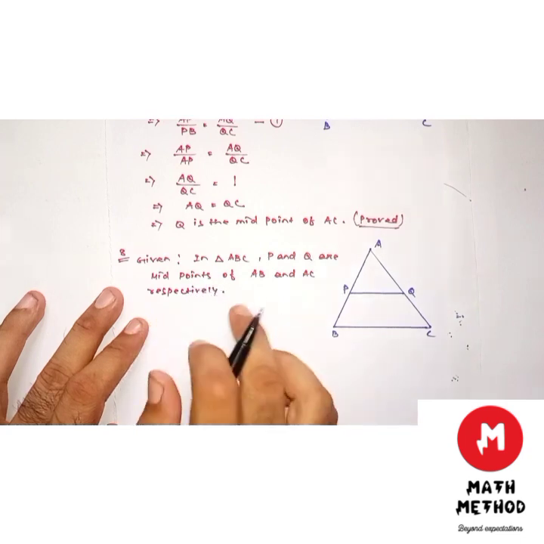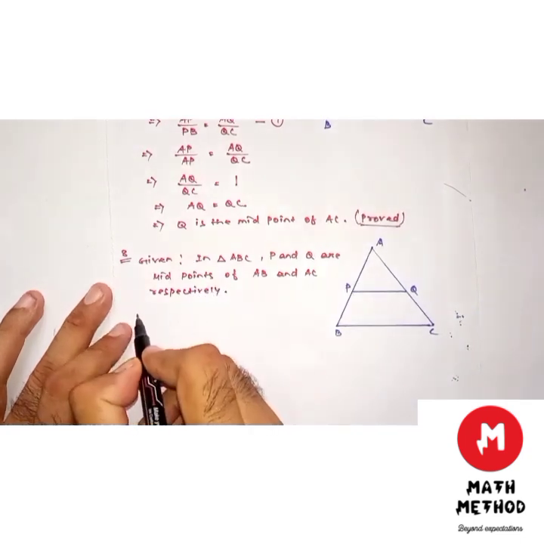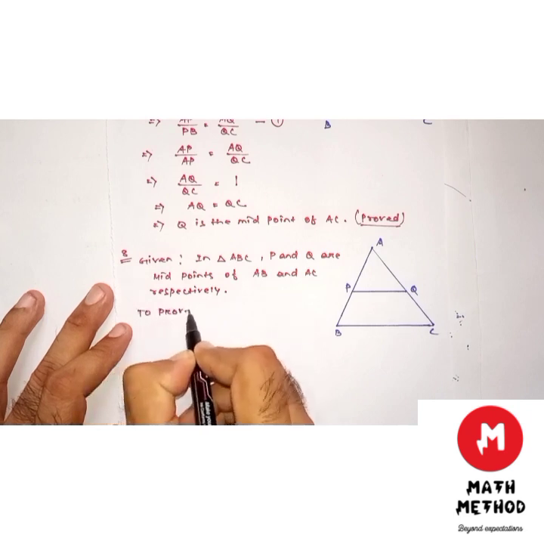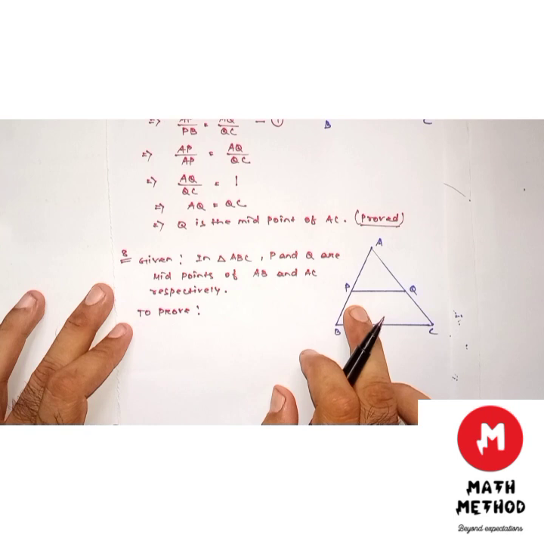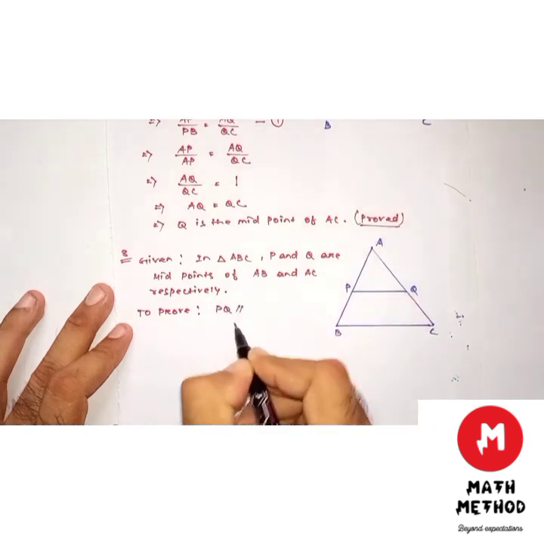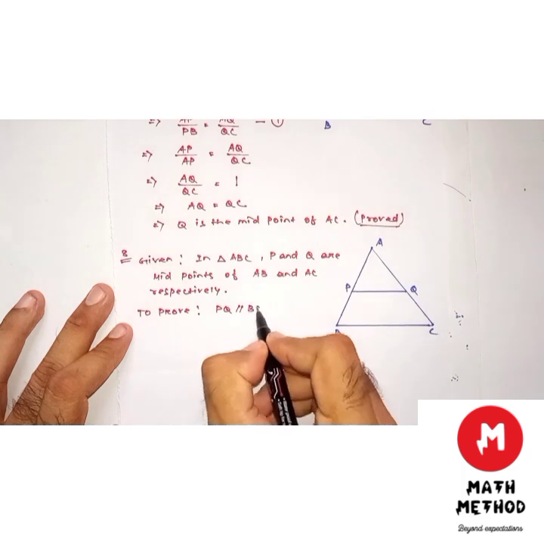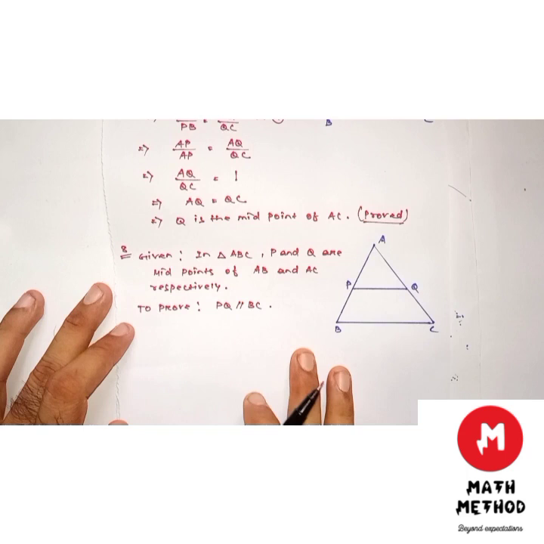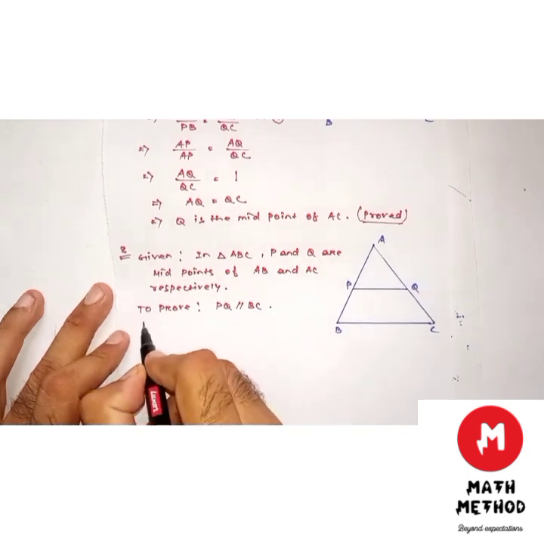This is our given, and we have to prove, means to prove. We have to prove here PQ is parallel with third side, that is BC. Now here construction is not needed, so directly we will write proof.